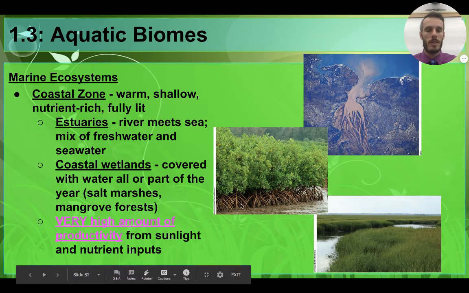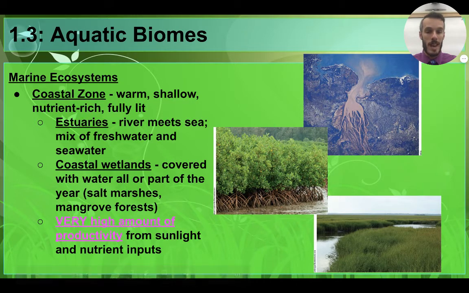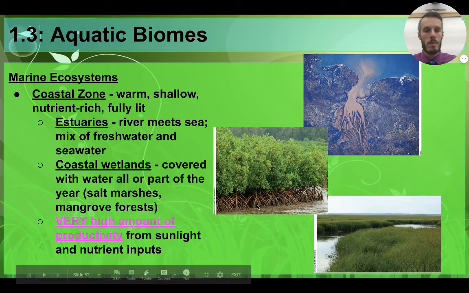Okay, so coastal wetlands, which include down here, this is a salt marsh, and up here, this is a mangrove forest. So the mangrove trees, they have these crazy root systems, okay, that really help to stabilize the ecosystem. But, you know, it's a great place for fish and other animals to raise their young because it's harder for predators to get at them within here.